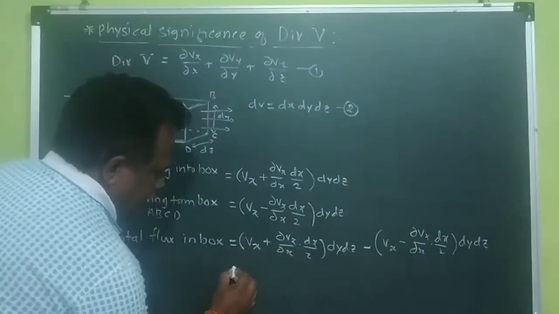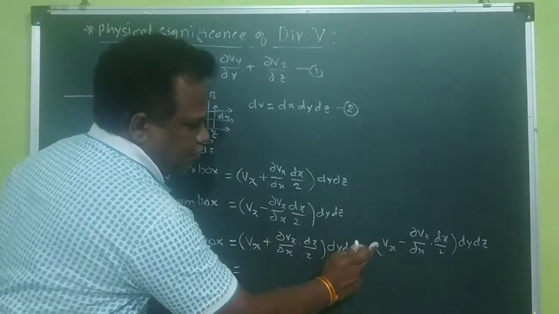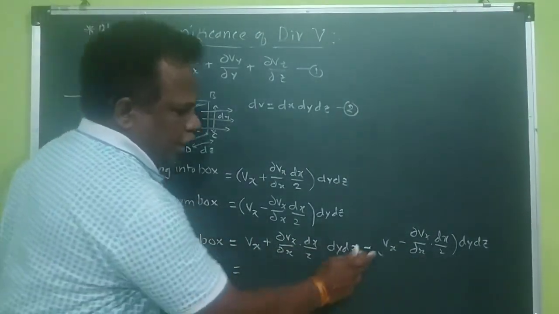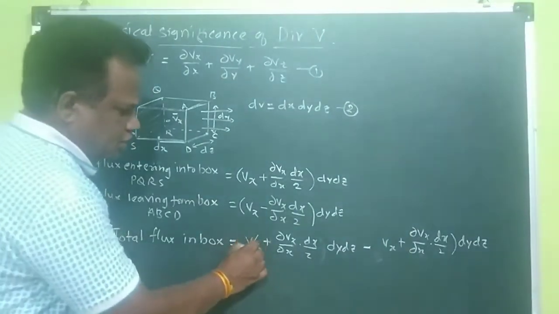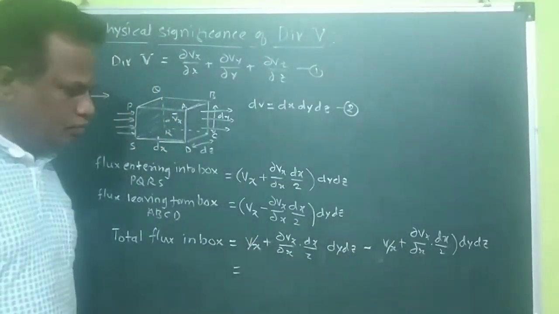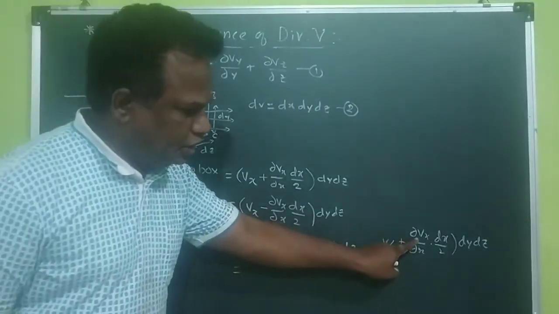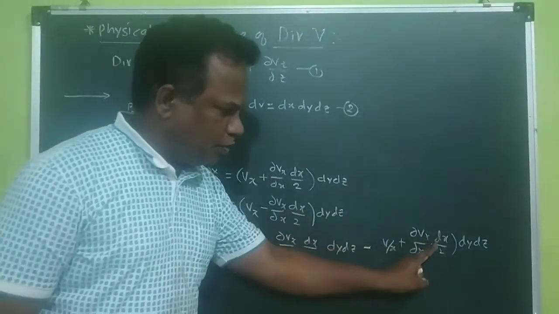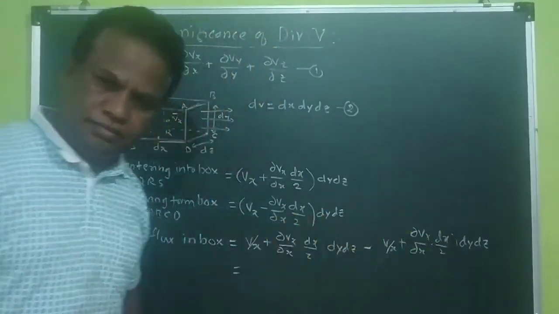So now we can write this. If you remove the bracket, then it becomes Vx minus Vx, it becomes minus plus. So now Vx gets cancelled. Where ∂Vx/∂x is there, ∂Vx/∂x into dx/2 plus dx/2, it is only dx, is it?